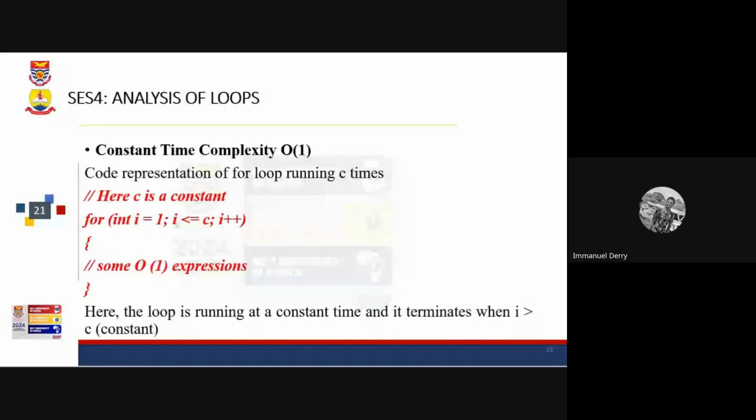In the condition, if the value is a constant, then obviously the loop is going to be a constant time operation, except that the loop is a nested loop. And if it is a single loop as we have like this, it's very important for you to notice the condition over here. If the value we are comparing with is a constant, then we could say that this is a constant time complexity of the loop.